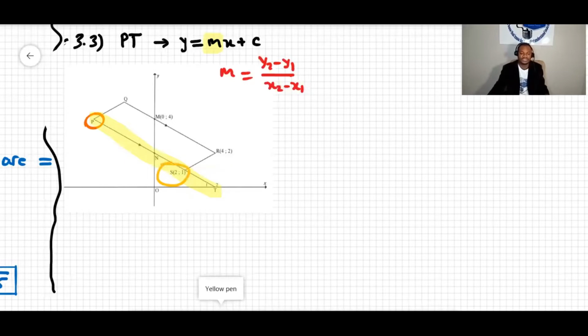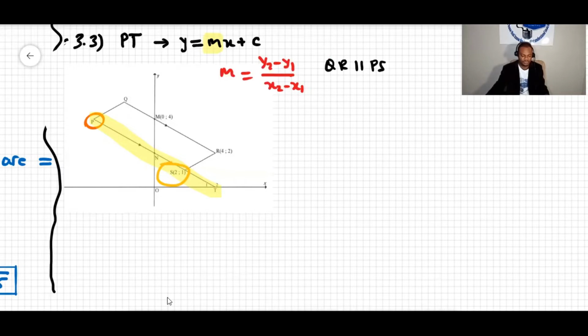But when we look at the question carefully, we notice this arrow symbol here. This arrow symbol indicates that the two lines are parallel, and it is given that QR is parallel to PS. The line PS is the same line as PT. Now, there's a condition for parallel lines: parallel lines have equal gradients.